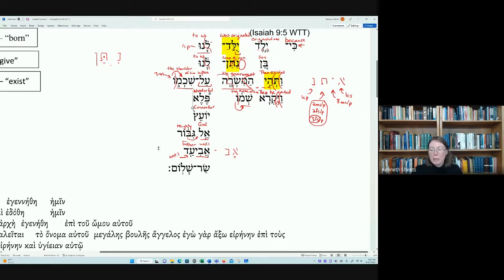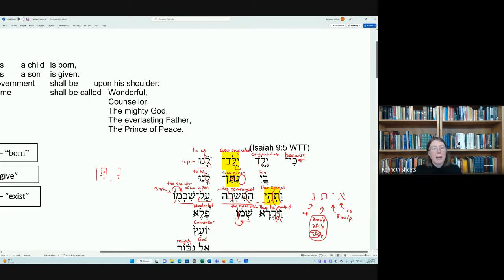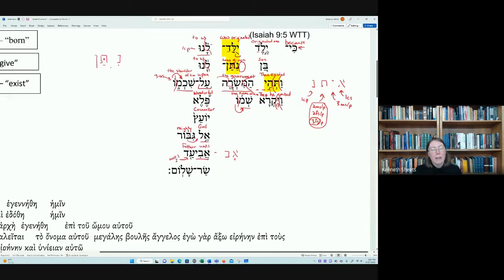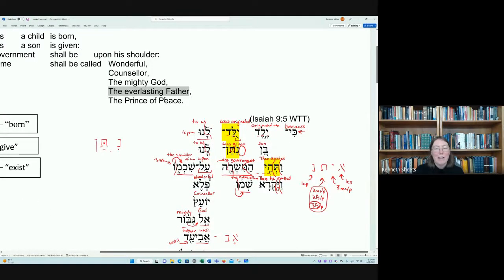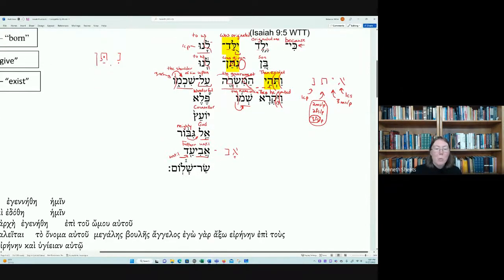Now you will notice that in the English text, they have this translated as the everlasting father. And so the question then is, well, how did the KJV translators get from this idea of father until, which is the literal meaning of Avi'ad, to this idea of the everlasting father? Well, what's interesting, you can very clearly see where the father part comes from, but it's the until part where we get the everlasting idea.